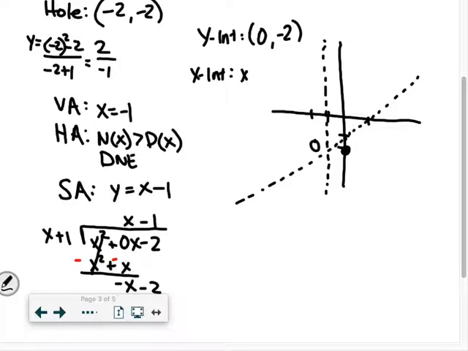I would use my reduced function, x squared minus 2 equals 0. Add 2, square root. Anytime you square root, add a plus or minus. And we must have x-intercepts at 2 spots. Positive square root 2 comma 0 and negative square root 2 comma 0.